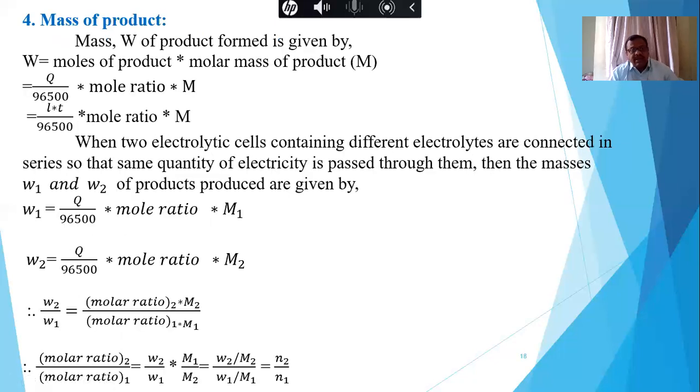Now, the fourth aspect of electrolysis is the mass of product.